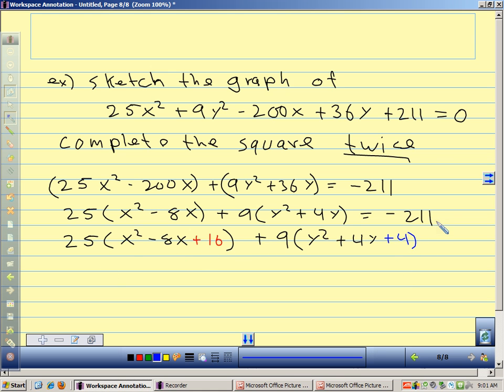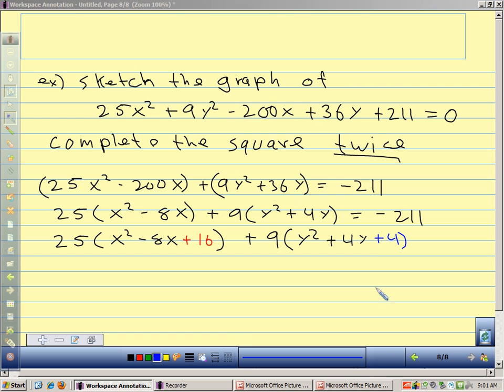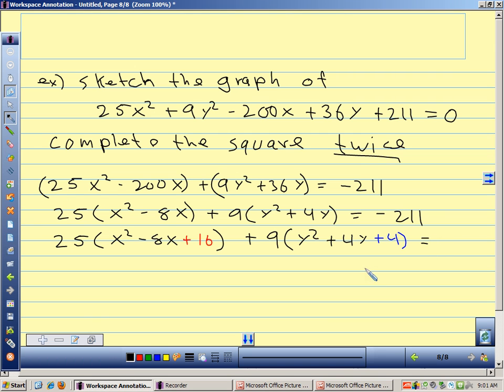Now we've added some stuff to the left side. We have to add it to the right side to keep our equation true. So this equals minus 211.